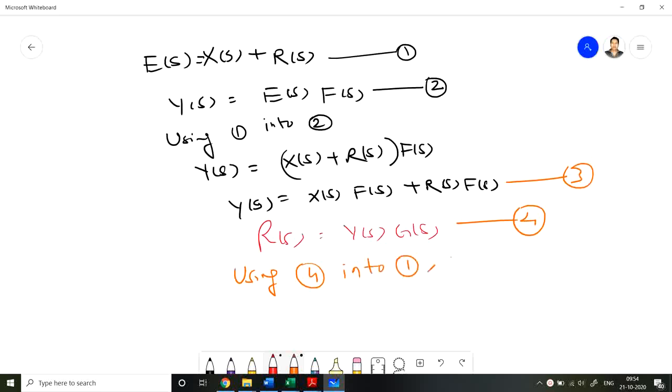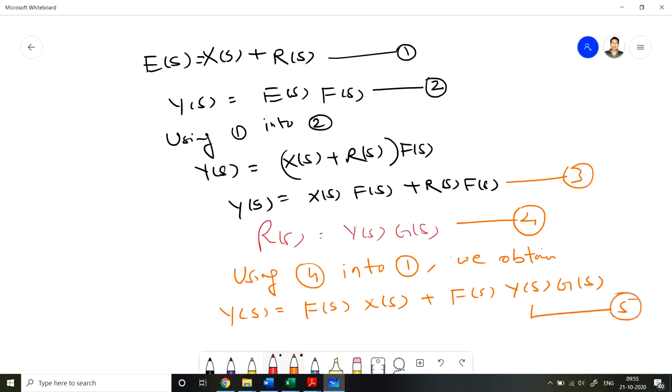Using 4 into 1 we obtain Y(s) equal to F(s) into X(s) plus F(s) into Y(s) into G(s). Please check this relation. Now what terms can we take common? We can put the Y(s) term on this side.